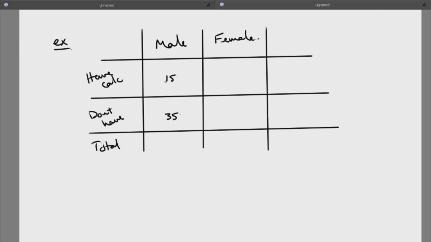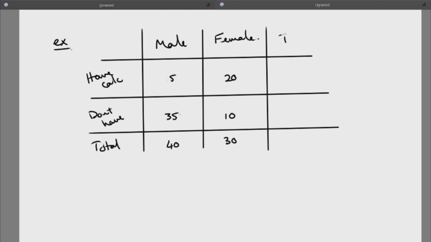Let's change the 15 to 5, so that we have 40 males in total. And let's pick some other numbers here. Let's make this 20 females with a calculator and maybe 10 without, giving me 30 in total.